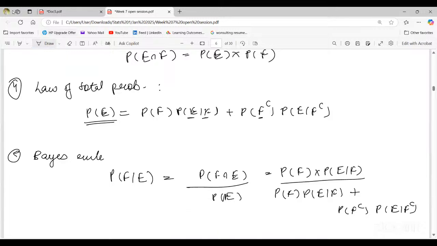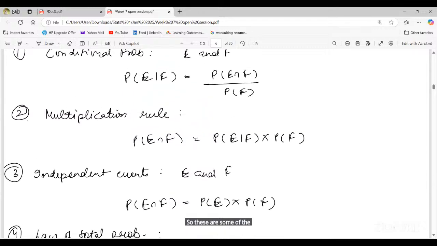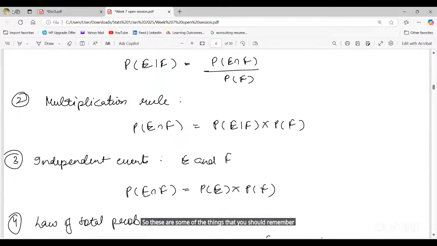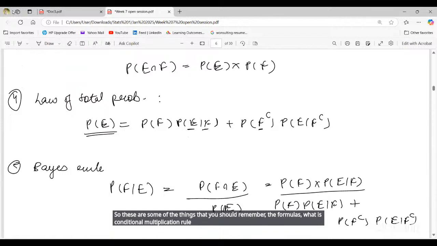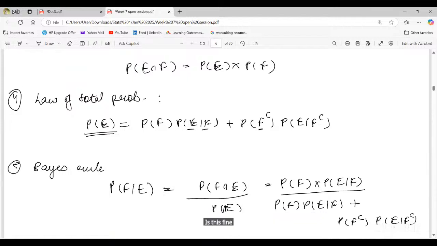So these are some of the things that you should remember: the formulas for conditional, multiplication rule, independent events, law of total probability, and Bayes rule. Is this fine to everyone?